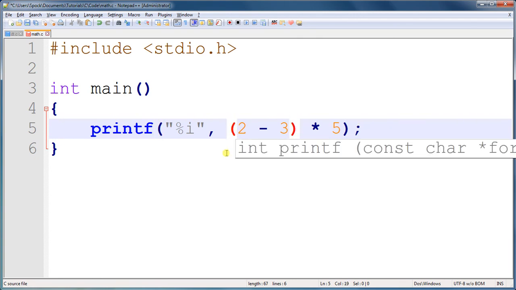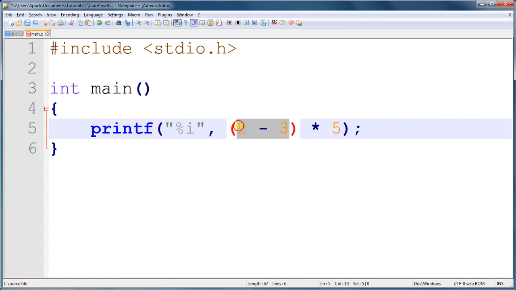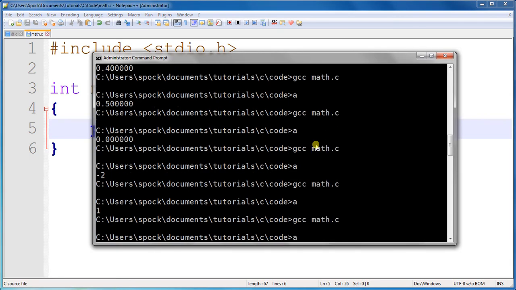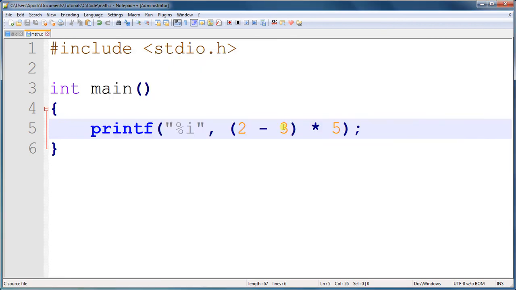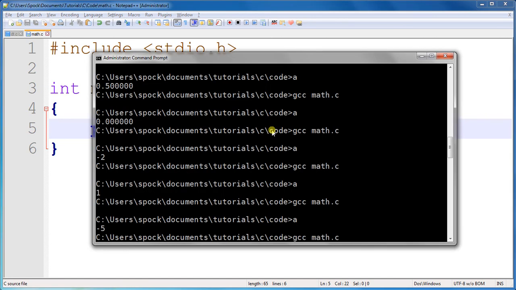In that case, just as it is in algebra, it'll do this first and then multiply it by 5. So I'll show you this way with the parentheses and then without the parentheses to show the difference. Without the parentheses, it should instead give us 3 times 5, 15. 2 minus 15 is -13. And -13 is what we get.